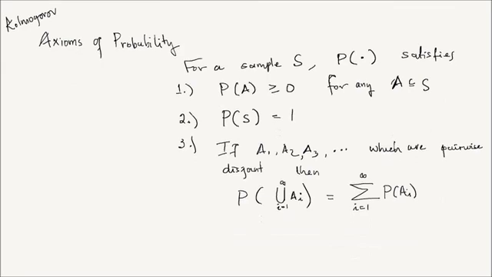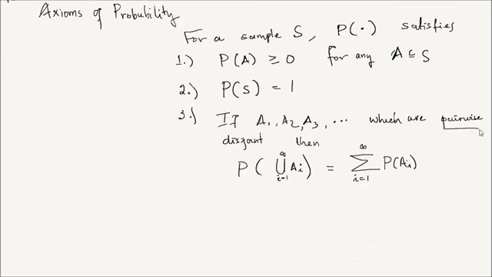Let me explain this further. First of all, what do I mean by pairwise disjoint? Pairwise disjoint means if I take any two of these events, A1, A2, A3, and so on, let's say I take Ai and Aj, and find the intersection between the two, then I get an empty set for i different from j.